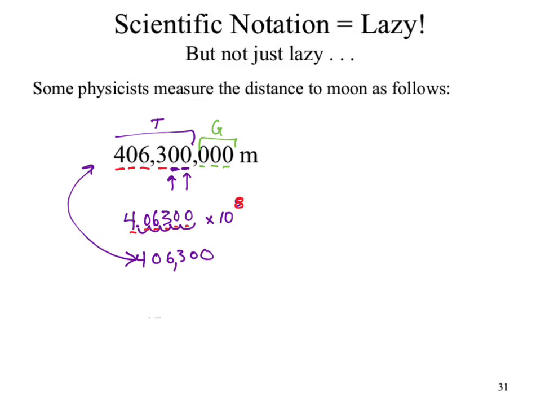Yes? So is it just this example that we have to do the 4.06300? Because isn't it usually you wouldn't have those two zeros, or do you always have to have those two zeros? Okay. What I believe you're asking is, do we need to include those two zeros from that measurement? Well, it depends on what the measurement was.